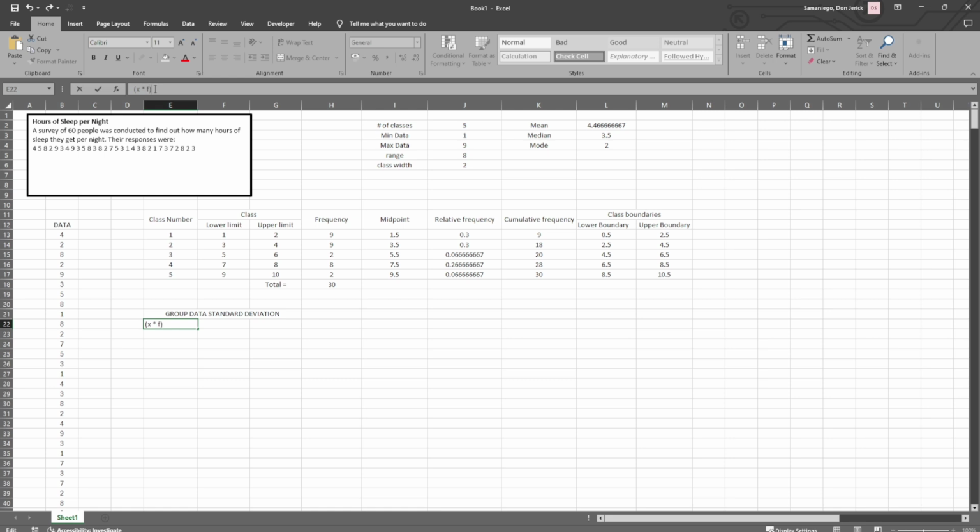X times F. X times F is equal to the midpoint times the frequency, then spread.